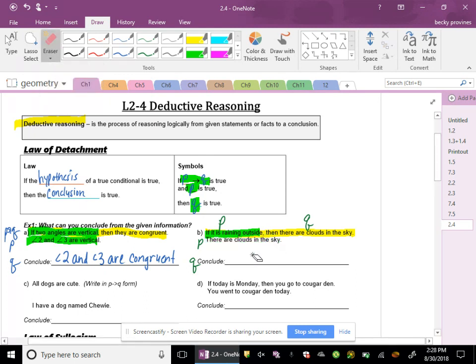So I'm going to say this does not follow the law. Again, that's this first sentence and this first sentence talk about the same information. And hopefully you're saying no. So what can you conclude? It doesn't work, right? So I'm just going to write no conclusion.